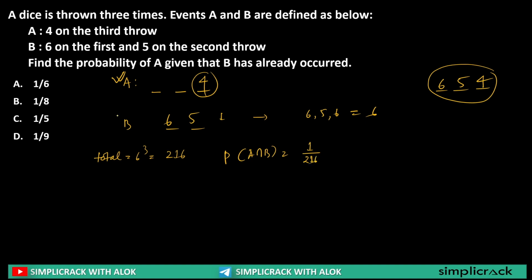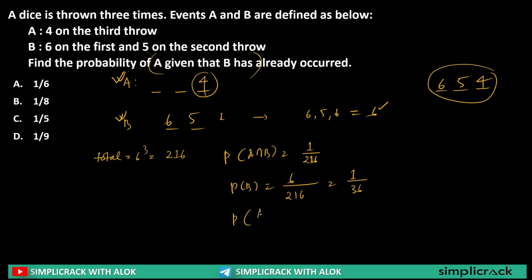Now how many times is B happening? Probability of B is equal to 6, that is B happening 6 times, total number of outcomes 216, so it is 1 by 36. So what it is asking, find the probability of A given that B has occurred.